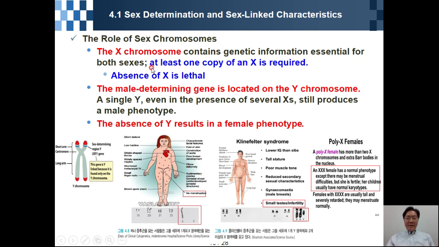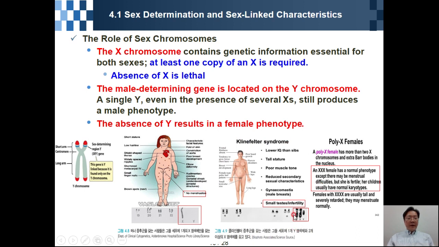Okay, how about the Y chromosome? On the Y chromosome, the male determining gene, especially the SRY gene, is located. So a single Y, even in the presence of several X's, still produces a male phenotype. The very famous example is Klinefelter syndrome.